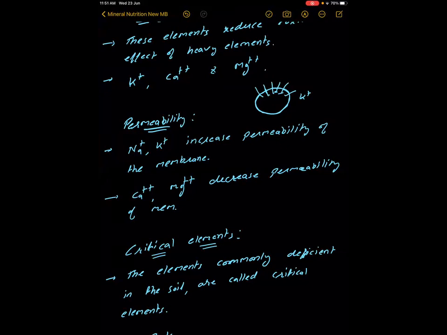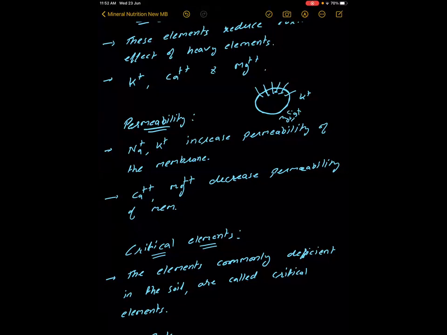Here sodium ion is important, the sodium potassium gate, and the rate of movement increases because it is more permeable. The gates are open, it means it is more permeable. The gates are closed, it means it is less permeable. So suppose sodium ion, potassium ion or magnesium or any other divalent ion is present in more concentration.